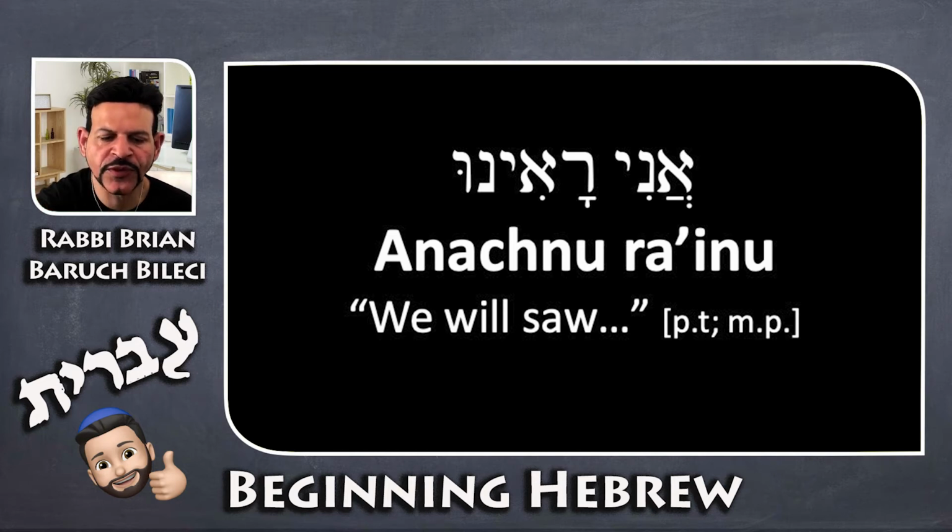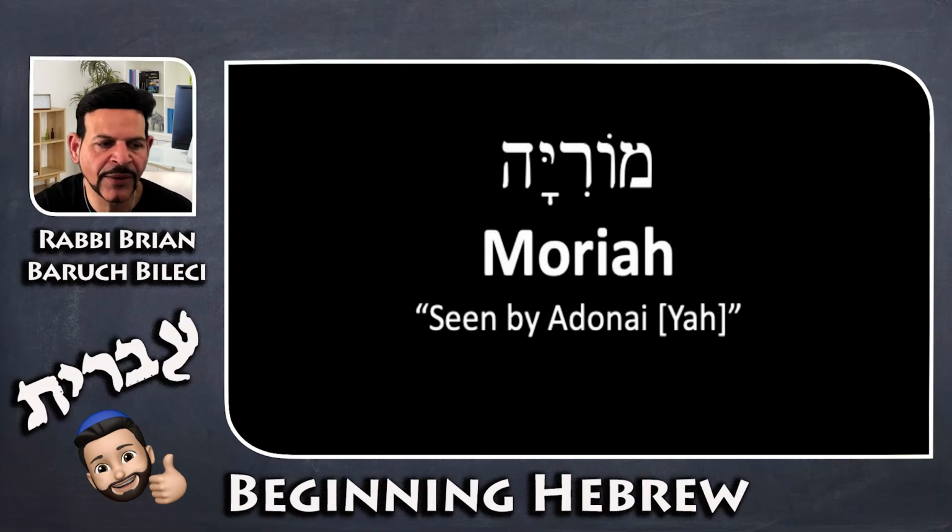All right, I want to move to something more significant that's found in this Torah portion, and that is Mount Moriah. Possibly the translation here, one of two possible translations, is seen by Adonai or Yah. Because on Mount Moriah, what was seen was a ram caught in the bush as a substitute sacrifice on behalf of Isaac that Abraham was going to offer to God as a burnt offering, an olah offering.